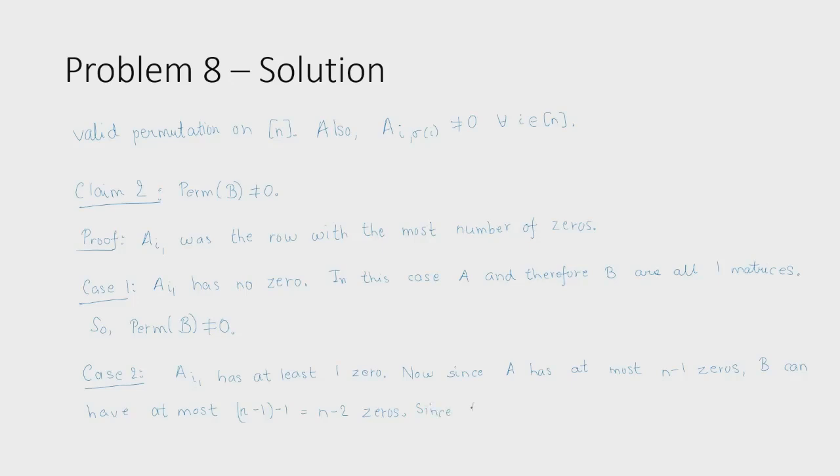Since B is an n minus 1 cross n minus 1 matrix with at most n minus 2 zeros, it follows from the induction hypothesis, so recall that we assume that claim 1 is true for all matrices of size n minus 1 cross n minus 1, that the permanent of B is non-zero.